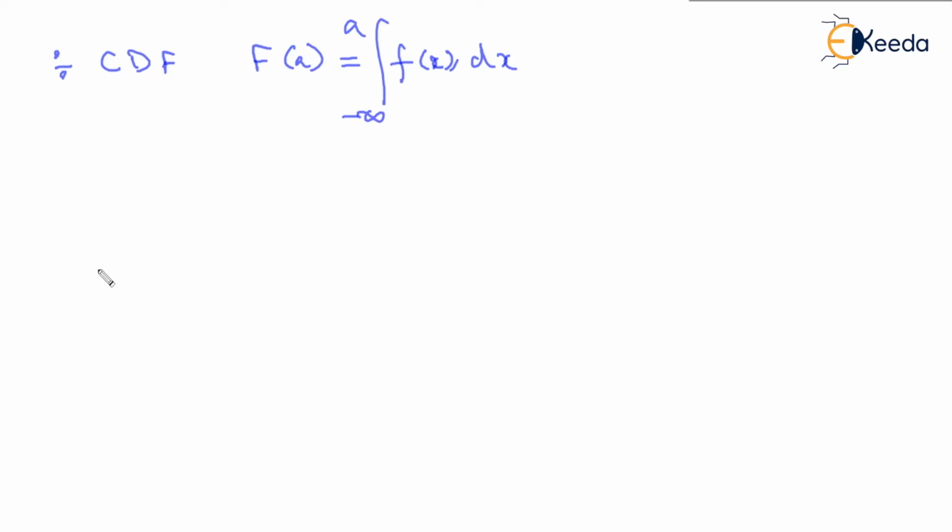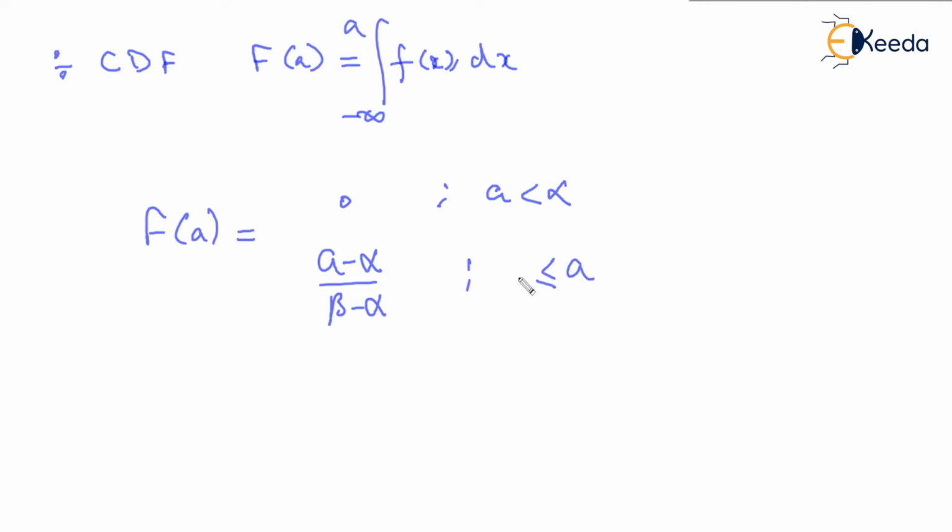So we are going to get f of a equal to 0 if a is less than alpha, a minus alpha by beta minus alpha if a is within alpha and beta, and it is going to be 1 for any value which is higher than beta.